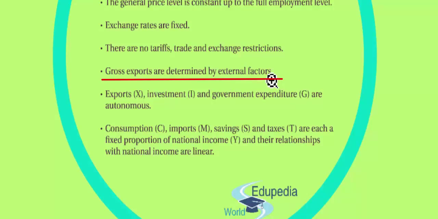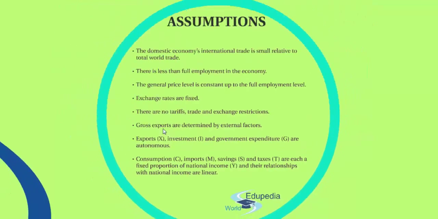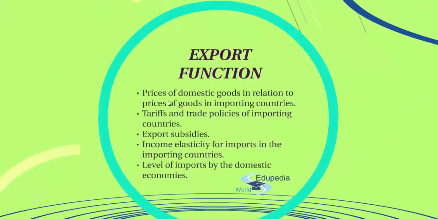Now we'll see what the various factors are on which exports are dependent. Exports are dependent upon all these factors. After studying all these factors, we'll know that the maximum of these factors are beyond the control of an economy. The first factor is prices of domestic goods in relation to prices of goods in the importing country.